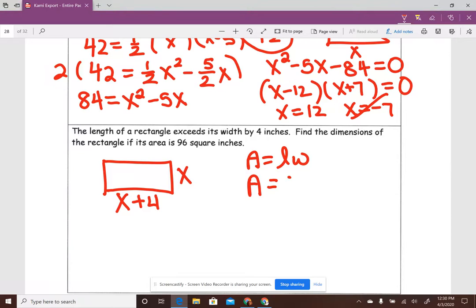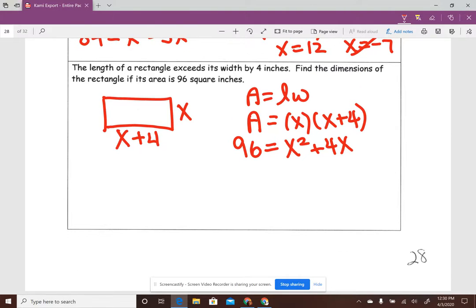So the area is x times x plus 4. You don't need those parentheses there for the first x. Distributive property. Surprise, it's a quadratic. So I'm going to set it equal to 0. And I'm going to solve.